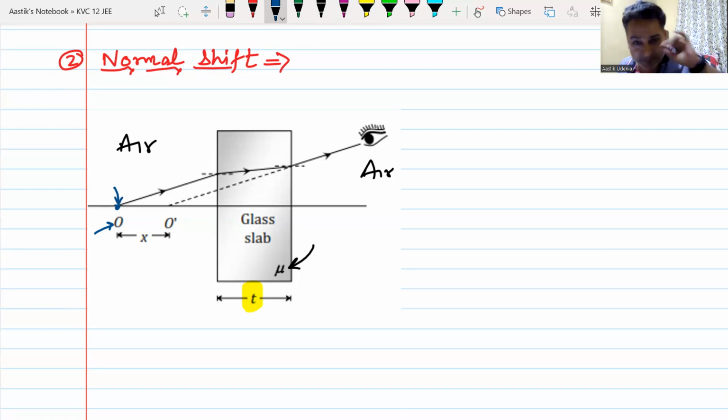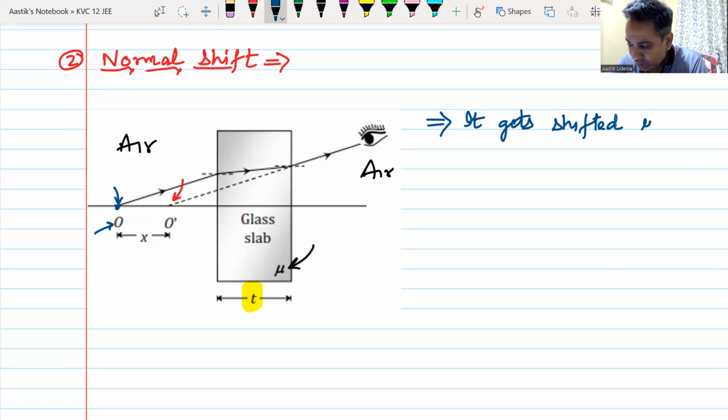But when I'm watching this object from the other side, this object does not appear exactly where it is. It will appear at a different position, O dash. And remember, it always gets shifted in the direction of incident ray. So that is the first point that you must remember. The object gets shifted in the direction of incident ray.